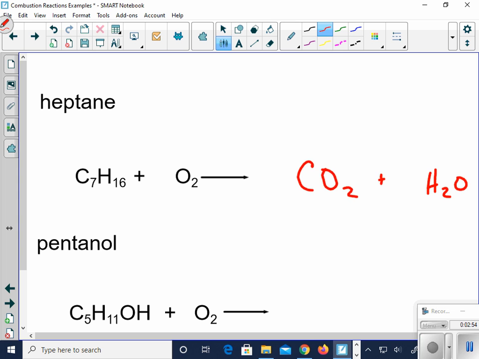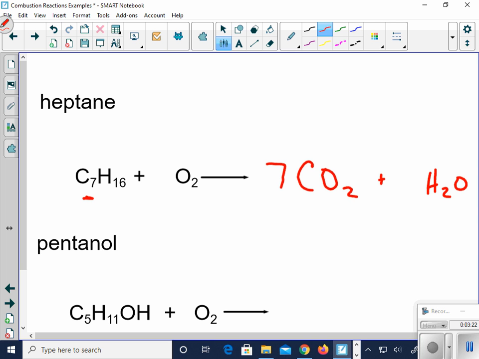A practice in balancing. When I start out, I start with carbons. Okay? So I can see that I have 7 carbons on my reactant side. So I'm going to start out by putting a 7 right there. So I have my carbons balanced.